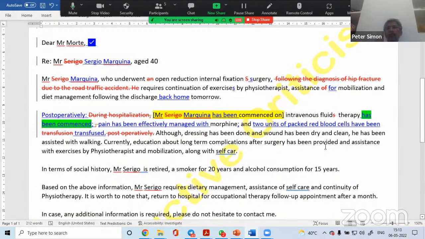Post-operatively, number 1, intravenous fluid therapy has been commenced; number 2, pain has been effectively managed with morphine; number 3, 2 units of packed red blood cells have been transfused. Finished. That's it. Or you write 3 separate sentences. Now this is an A grade sentence. If you write separate sentences, it will be B grade sentences.